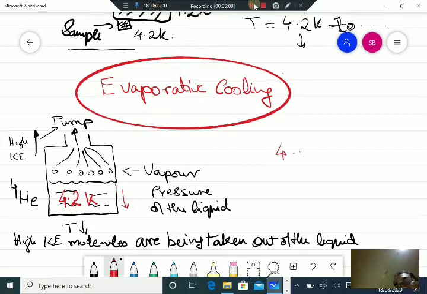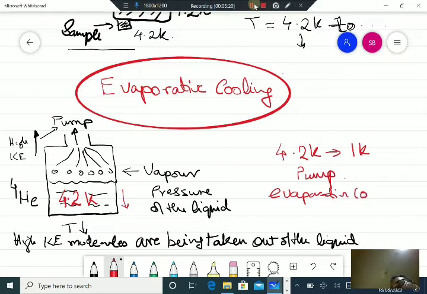So you can go from 4.2 Kelvin down to about 1 Kelvin by just means of pumping and evaporative cooling. Now, how far can this process continue? This process can continue until you have taken away most of the molecules above the surface, and there are very few molecules left.